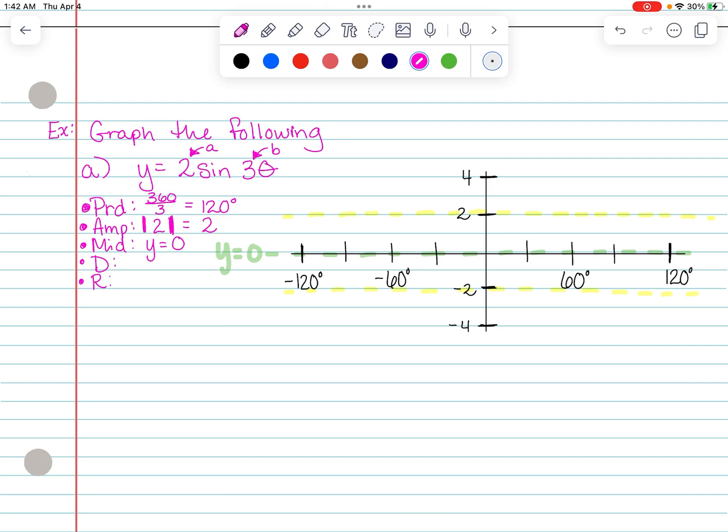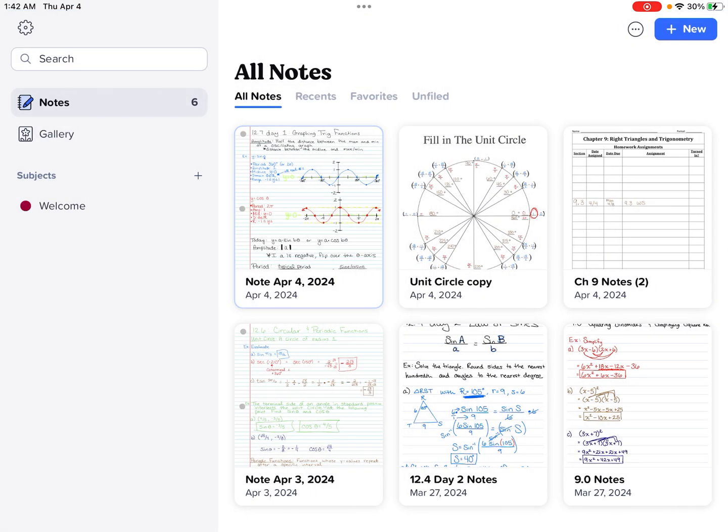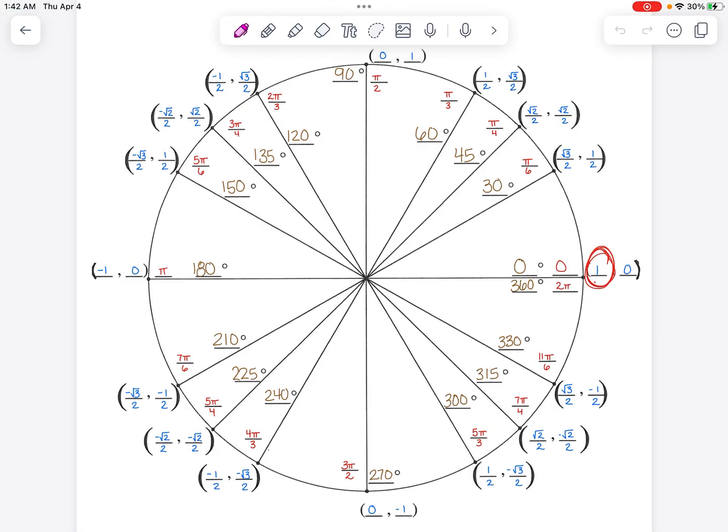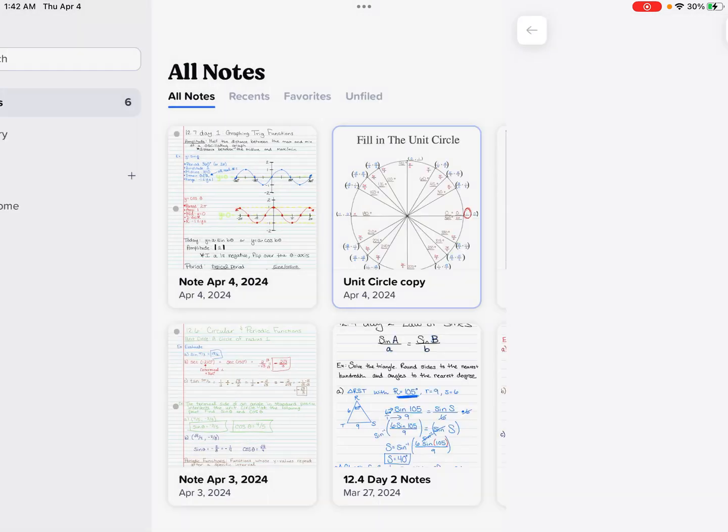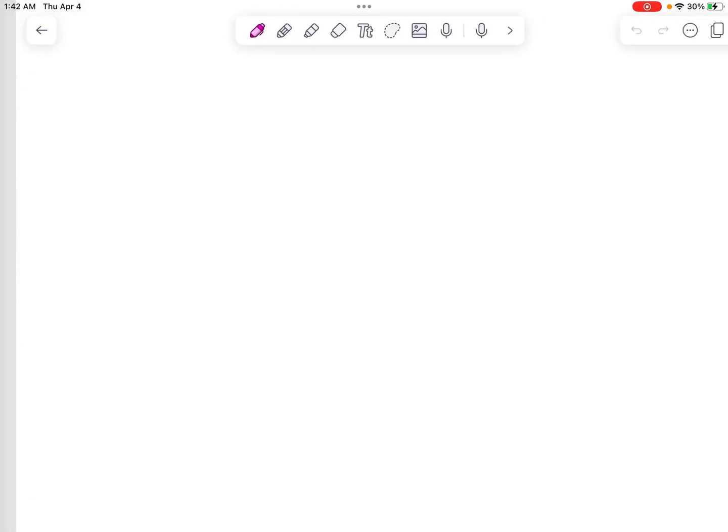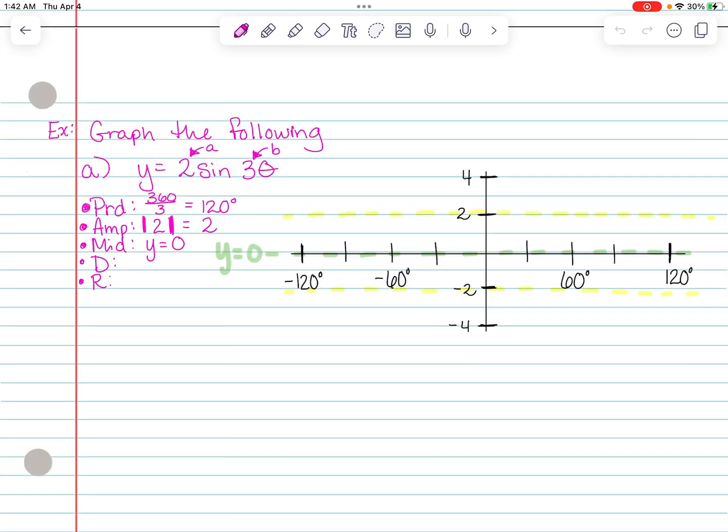The reason sine starts at the midline is sine of 0 is 0. I can always refer back to my unit circle for that. If I'm like, okay, I don't remember if it starts at the midline or if it starts at the maximum, just look here. Sine starts at 0. 0 is the middle. Cosine starts at 1. 1 is the maximum. At least of a typical graph.